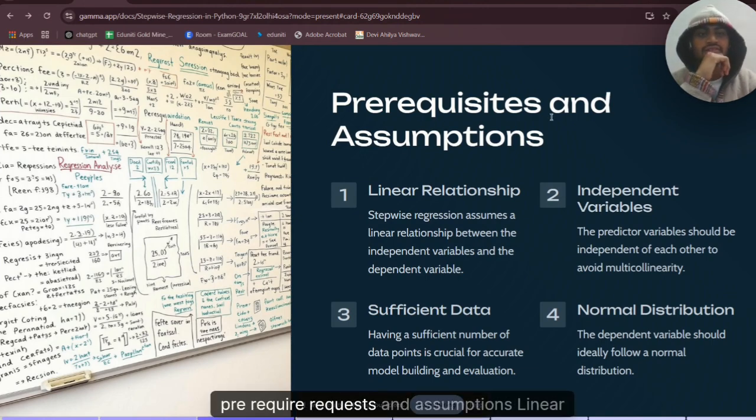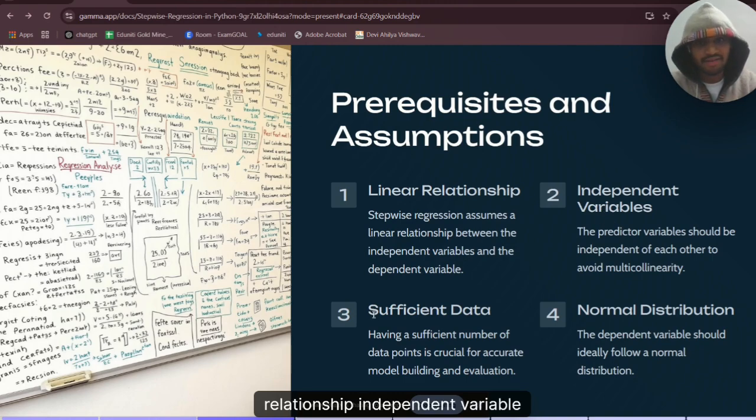Prerequisites and assumptions: linear relationship, independent variables, sufficient data, normal distribution. Stepwise regression assumes a linear relationship between the independent variables and the dependent variable.